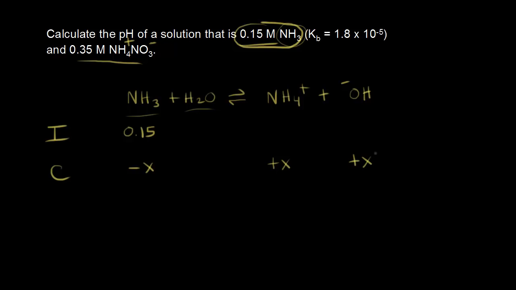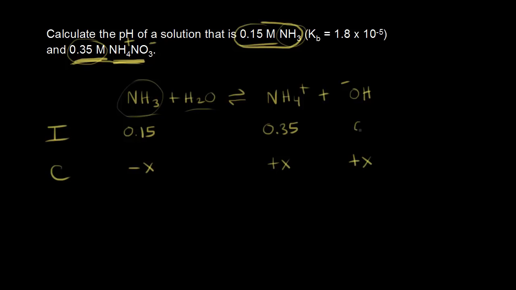So one source for the ammonium ion would be the protonation of ammonia, right? So that's one source. But we have an additional source because we also have 0.35 molar ammonium nitrate, right? So there's another source for ammonium ions. And so we put 0.35 molar in here for the initial concentration of ammonium.